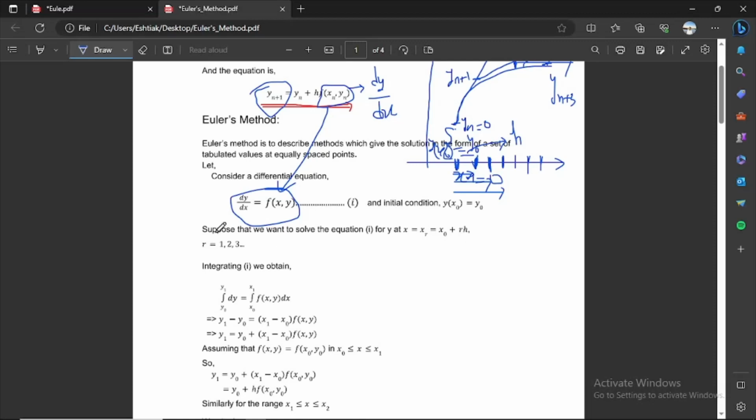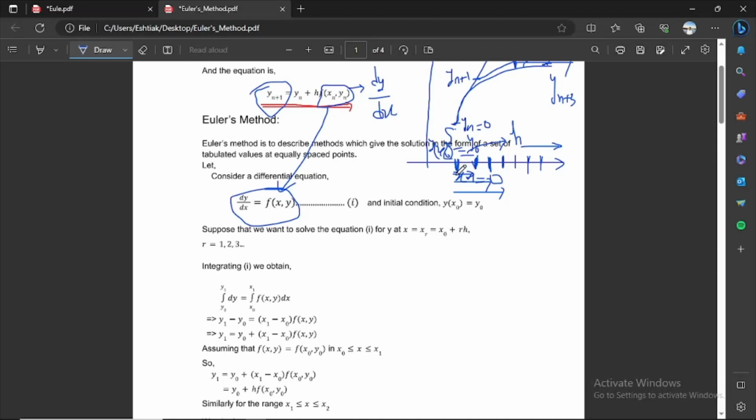Here r represents how many steps of h we go further for the x value.